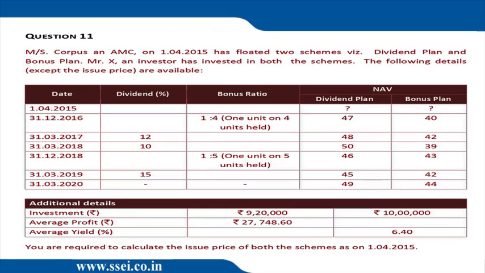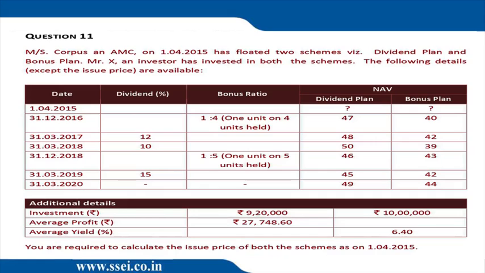If you want to learn it as a formula: the cum dividend units multiplied by NAV before dividend divided by NAV plus dividend. So 21,607 into 45 by 46.5 is coming to 20,910.